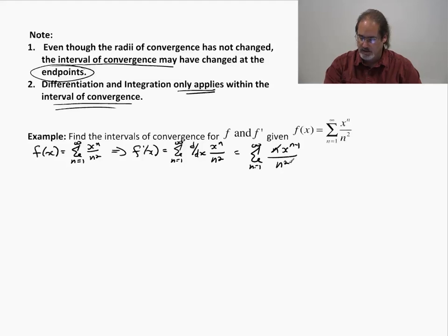Of course, this will cancel, make it a little bit simpler, which is the sum n equals 1 to infinity of x to the n minus 1 over n.